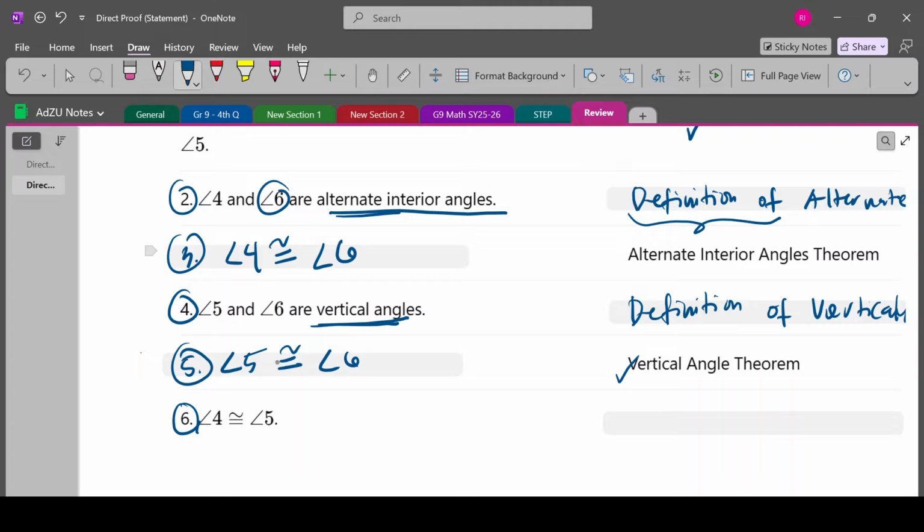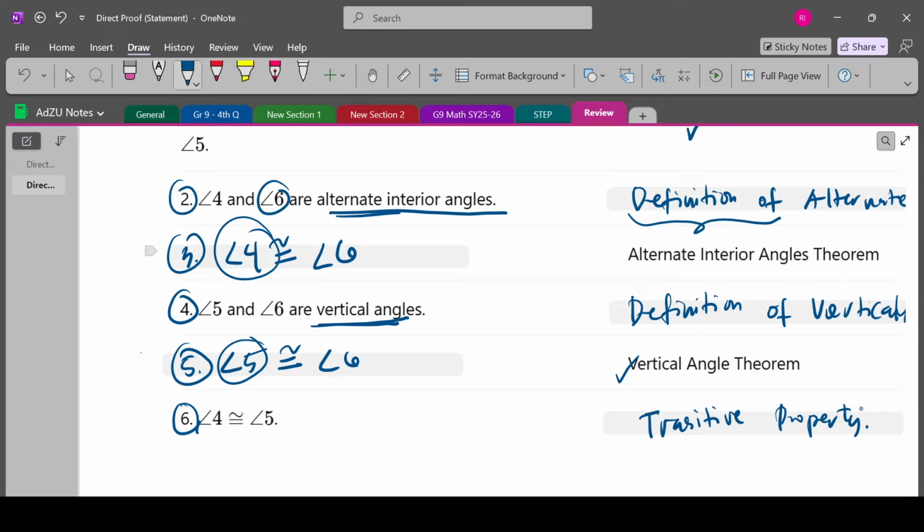Anong law or property ang ginamit dyan? Again, law of transitivity. So we have concluded that this 4 and 5 are congruent. So we call that the transitive property.